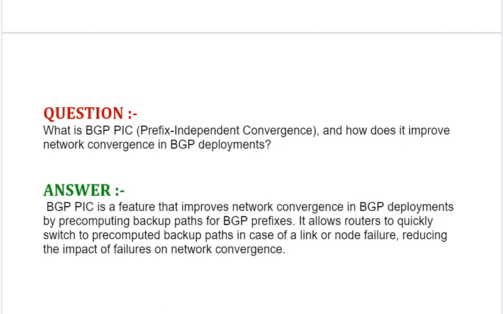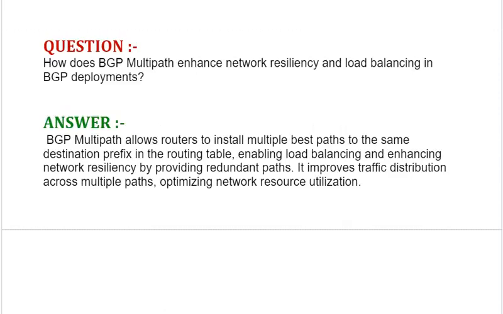Your answer should be: BGP PIC is a feature that improves network convergence in BGP deployments by pre-computing backup paths for BGP prefixes. It allows routers to quickly switch to pre-computed backup paths in case of a link or node failure, reducing the impact of failures on network convergence.